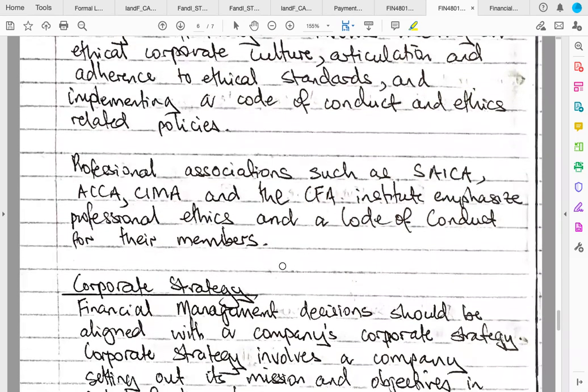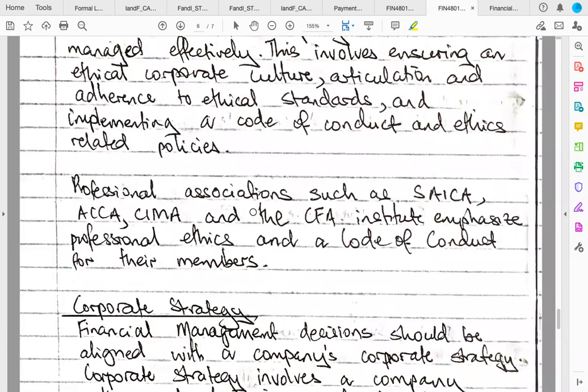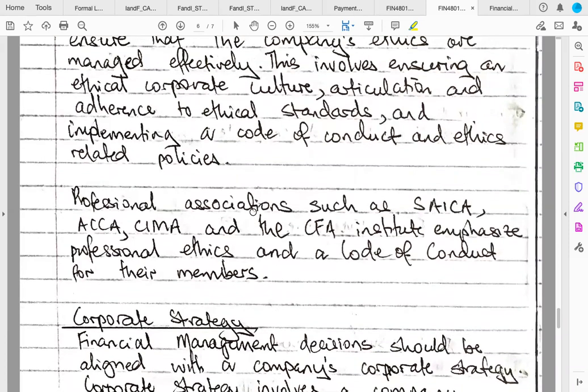So that's really important. And you'll find if you decide to pursue professional courses, for example, ACA for chartered accountants, or CIMA for management accountants, or CFA for chartered financial analysts, or SAICA, or any other professional courses, whether a chartered secretary and so forth, they emphasize professional ethics a lot. They are really important.